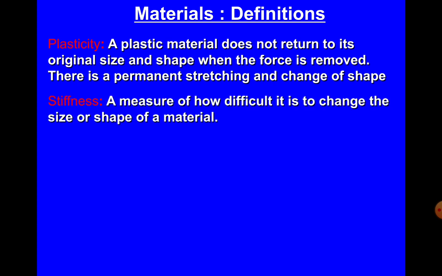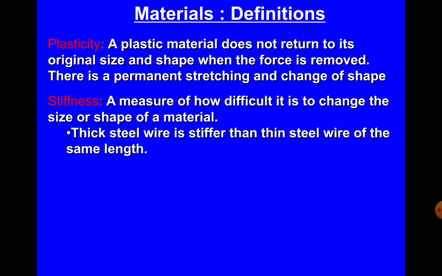The stiffness, we discussed it a little bit already with Hooke's law, with the springs. This is actually how difficult it is to change the size or the shape of a material. For example, thick steel wire is stiffer than thin steel wire. It is still the same material, but the thicker the steel, the stiffer it is.